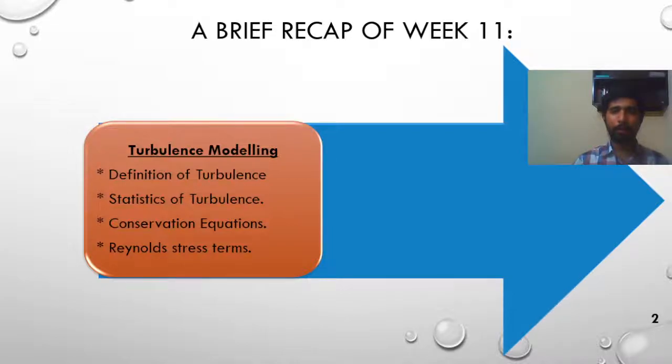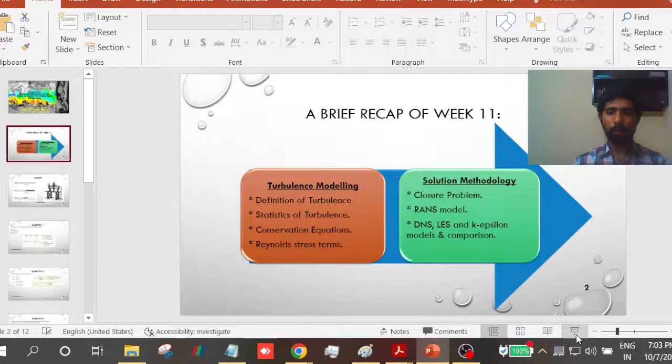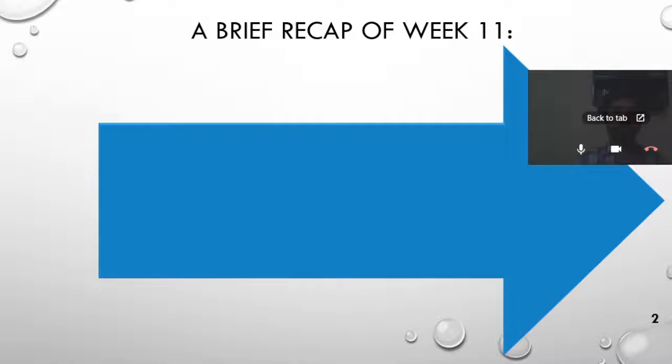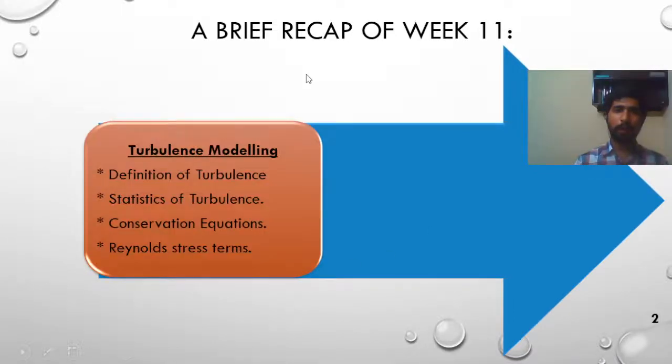It's like based on the symptoms you try to tell what the disease is. Similarly, here also, based on the symptoms, which are called features, we try to say whether the flow is turbulent or not. That is the main way in which we define turbulence. And then we went on to see some of the statistics involved in turbulent flow.